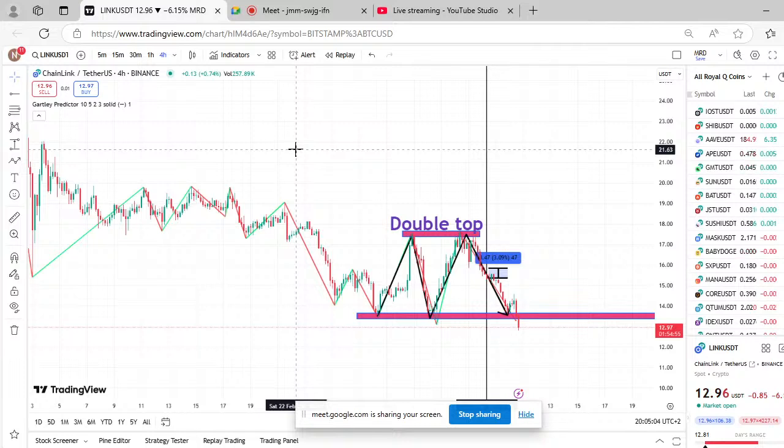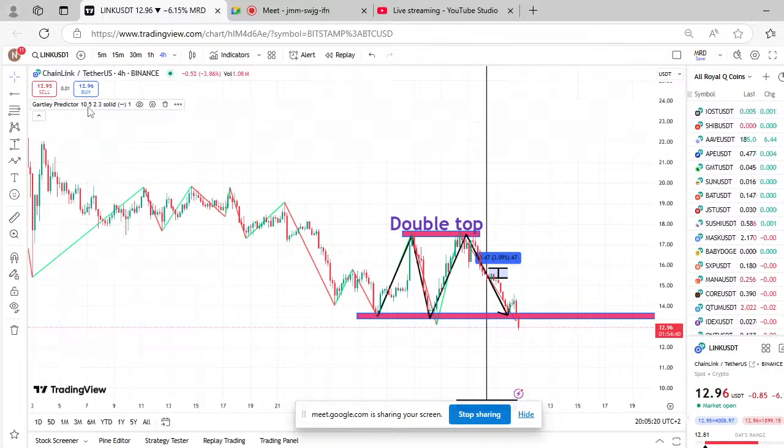Do you want to take 10%? Do you want to take 20%? You would wish to take 30%. This Gartley predictor will simply help you to identify that from the market.